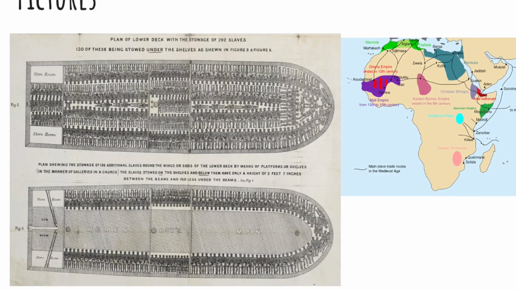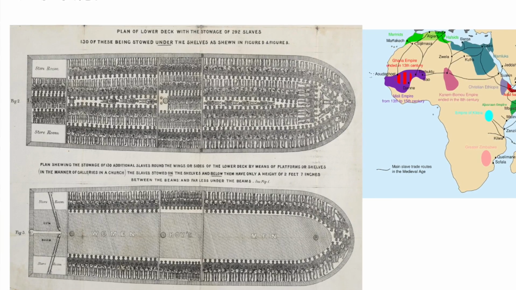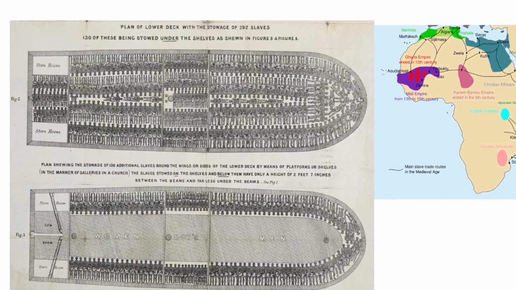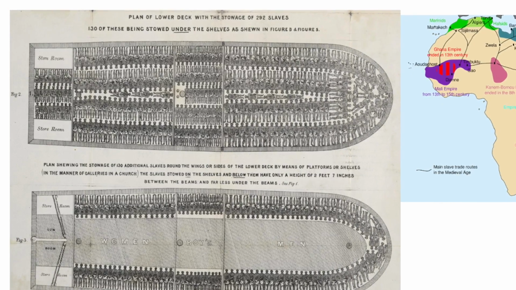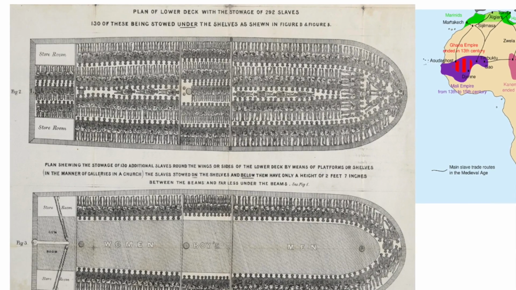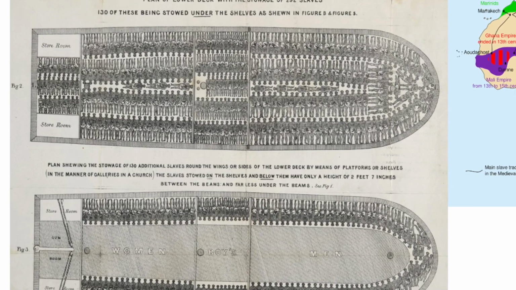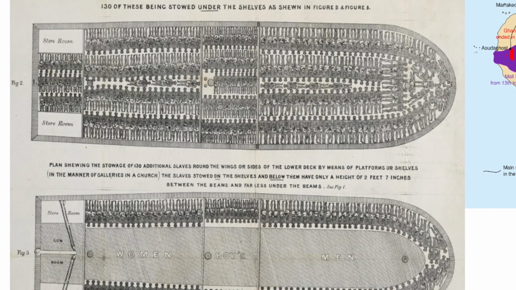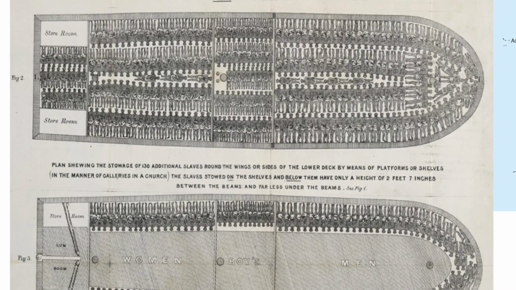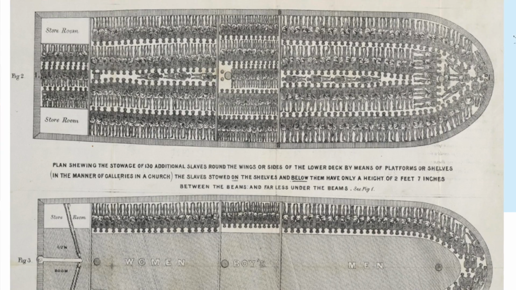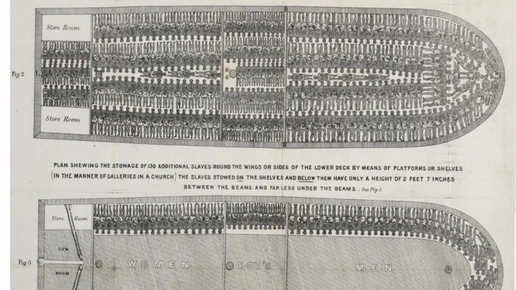So if you were of average height, which for an American, I guess is 5'5", 5'6", you were, for the voyage, continuously slumped. And the voyage usually took anywhere from 30 to 35 days. So that's a long time to be in that position. Women and children were usually allowed on deck or on the top deck. So these are pictures of the ships that were used in the Atlantic slave trade.